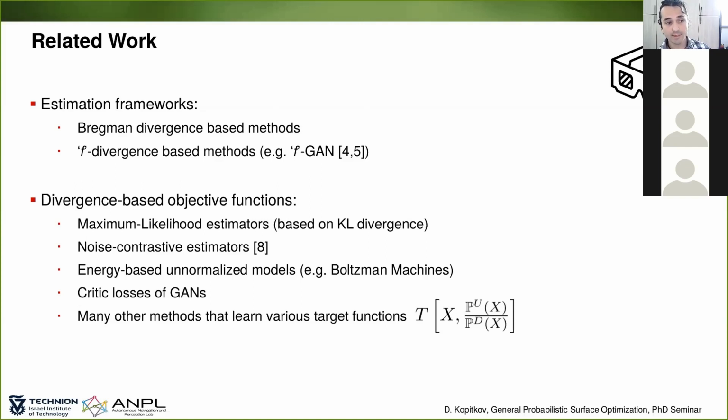And there are also many divergence-based objective functions, like maximum likelihood estimation or noise contrastive estimation, energy-based models, critics of GANs, as I already mentioned, and many more. So again, there is a huge amount of literature that provides various objective functions to learn different target functions that you can express in this general form.